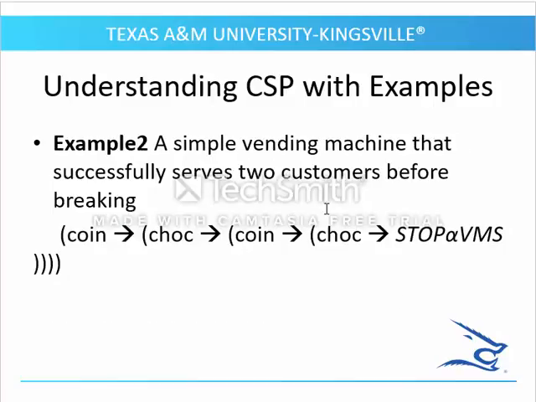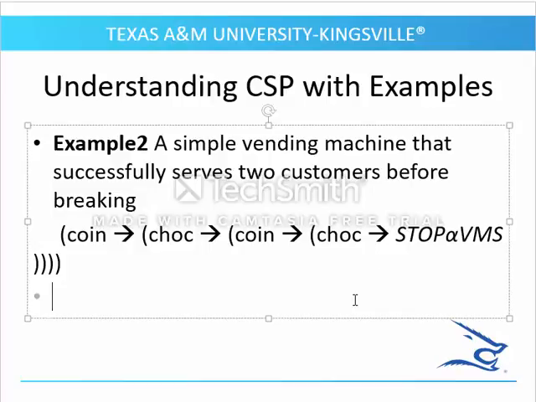Another example is a vending machine which serves two customers before breaking: coin, then chocolate, coin, then chocolate, and then it comes to a stop. It is denoted by the operator on the screen.